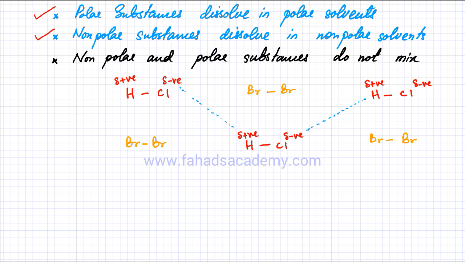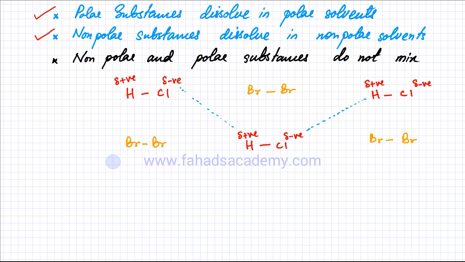Now, these three are attracting each other, whereas these bromine molecules over here will not exhibit any force of attraction, or a very weak force of attraction. They will not have very strong intermolecular forces. So HCl molecules are attracting each other, and eventually these HCl molecules are going to be pulled together.